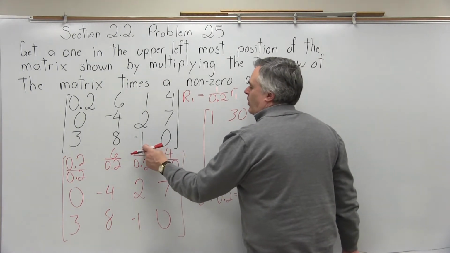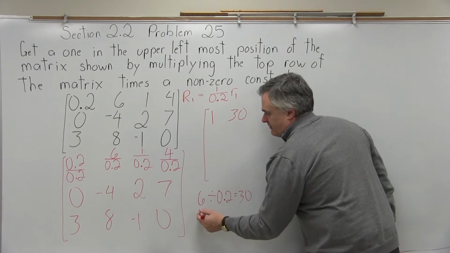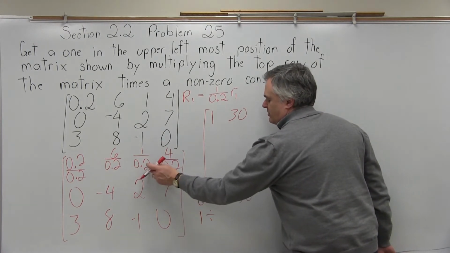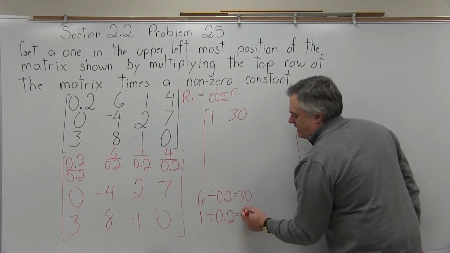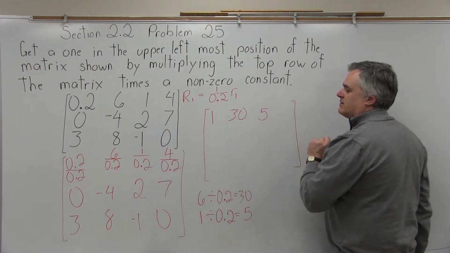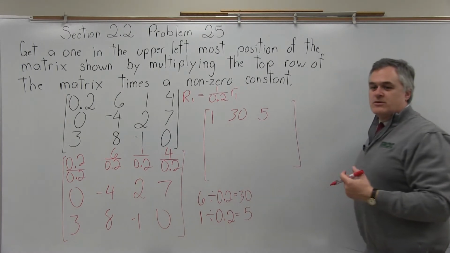The next one, 1 over 0.2, do the same trick. Take your calculator, enter the numerator, divide by, enter the denominator, hit equals, and your calculator will tell you that the answer is 5. Comes out to a nice whole number. And the last one, 4 over 0.2, you can do the same thing.